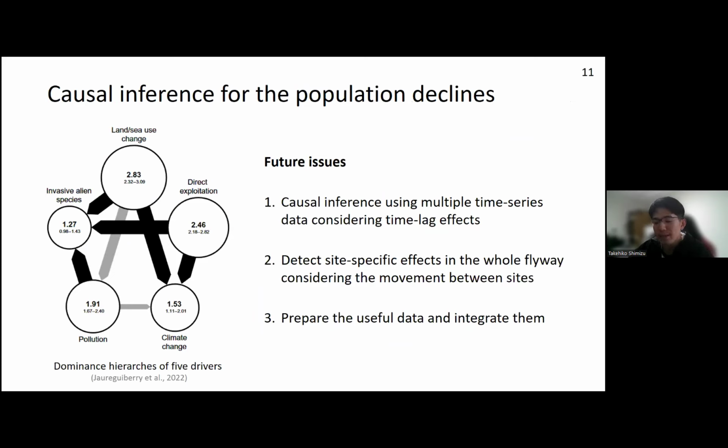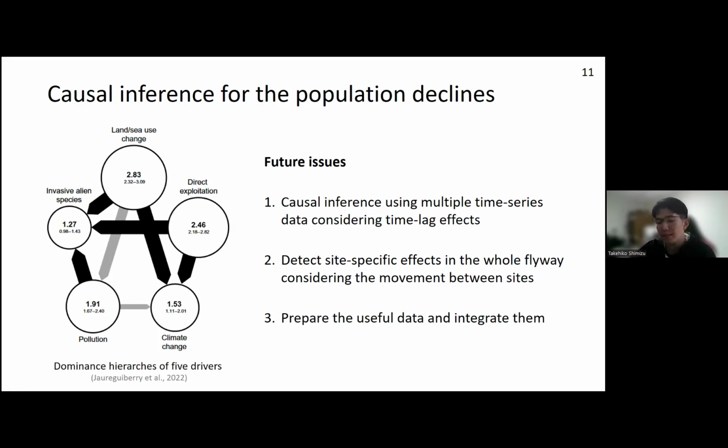In the first place, the issues I mentioned before are actually common issues in ecological and conservation studies. The IPBES report said that there are 5 direct drivers causing biodiversity loss. That is land and sea use change, direct exploitation, climate change, pollution, and invasive alien species.